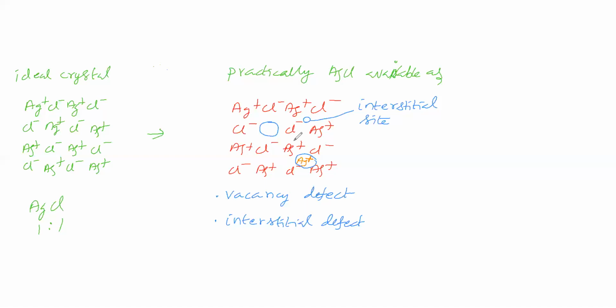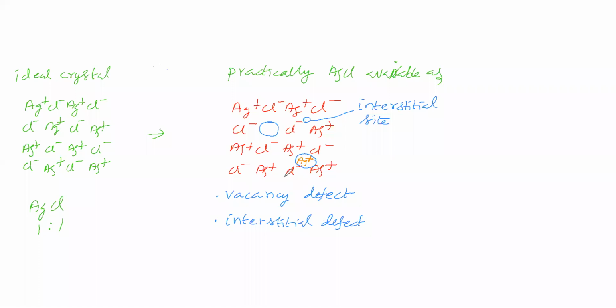So the interstitial site should be vacant, but it is having Ag+. Therefore, a defect is there with respect to the interstitial site, so we call this an interstitial defect.